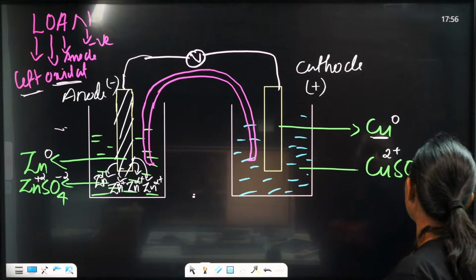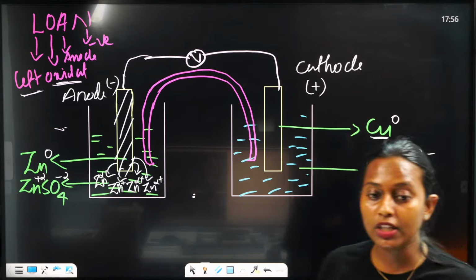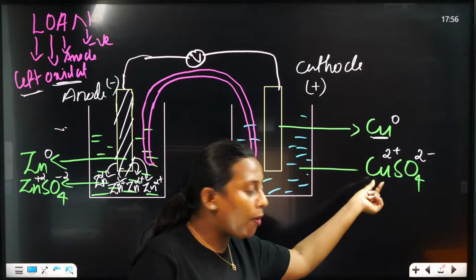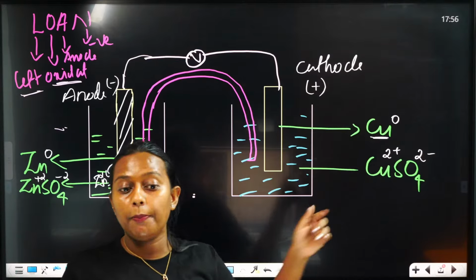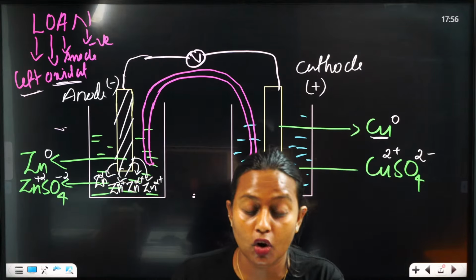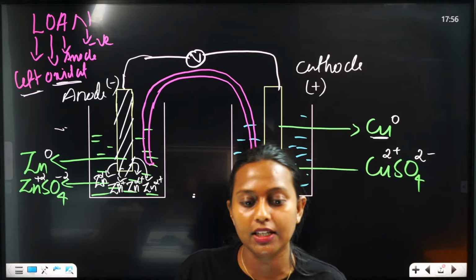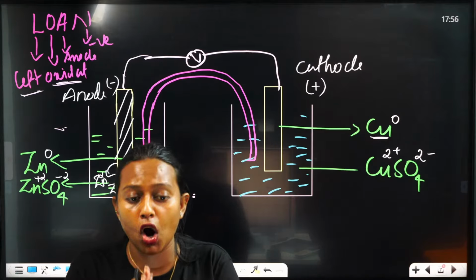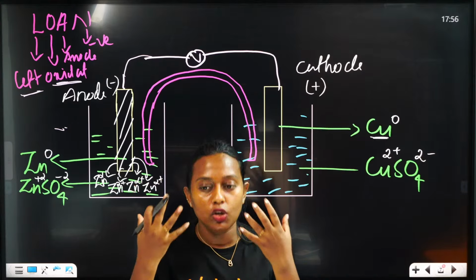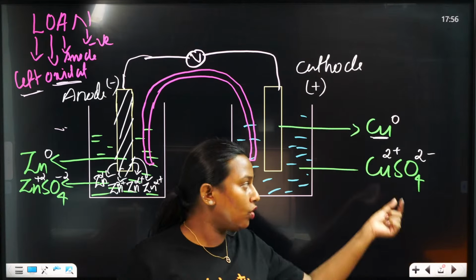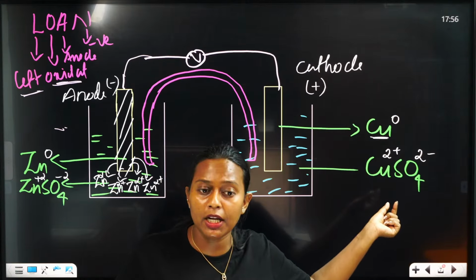It is 2-. So look, the copper in the solution has already lost 2 electrons. So what will this copper do?